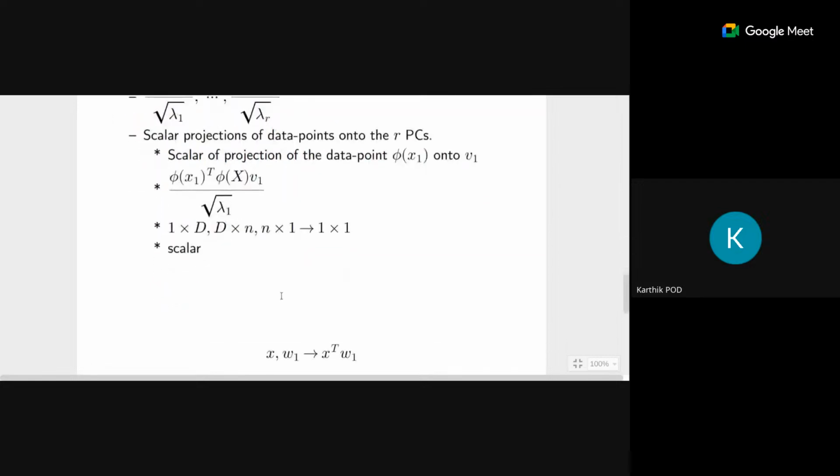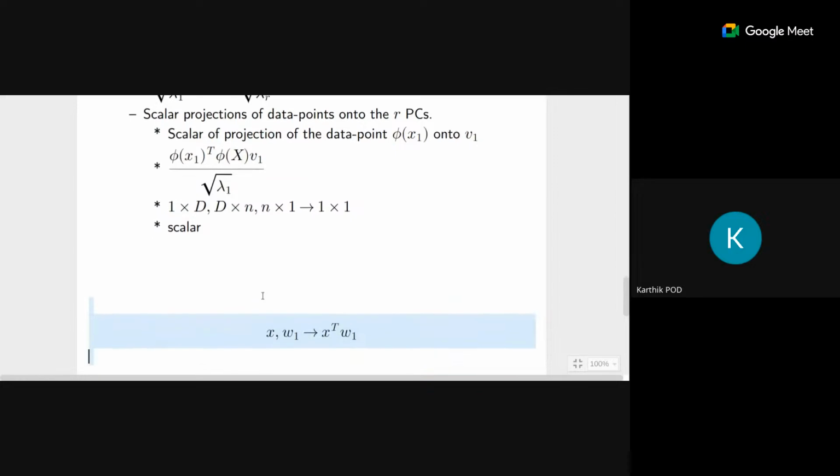So scalar projection is the modulus of the vector projection. Not the modulus, it's just the scalar value that goes before the vector. In general, you say that the projection is x transpose w, where w is unit norm. This is the scalar projection, x transpose w.